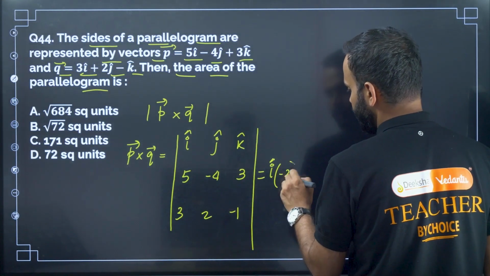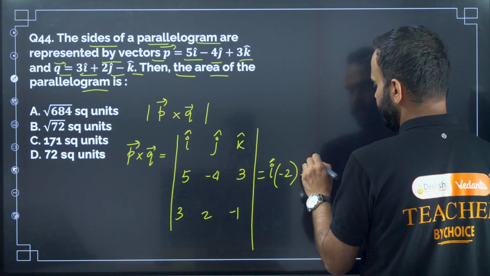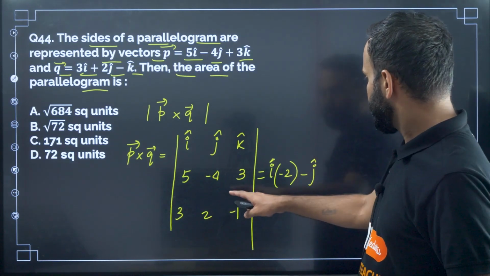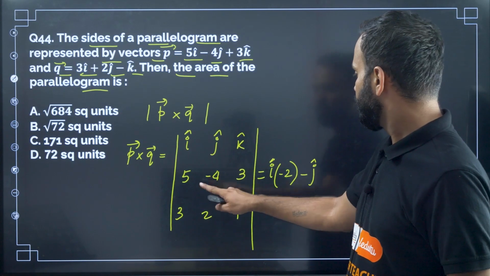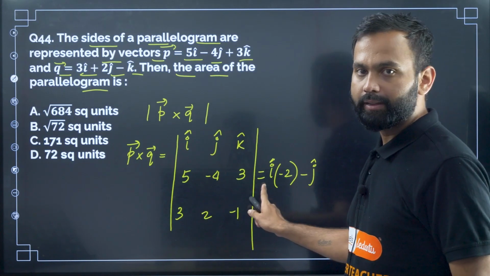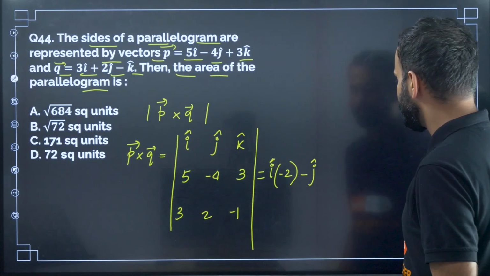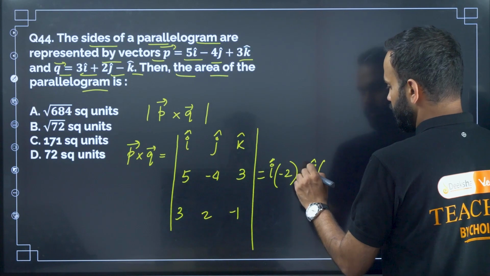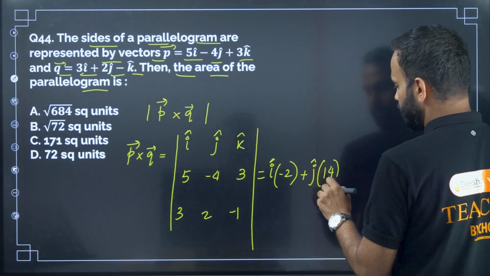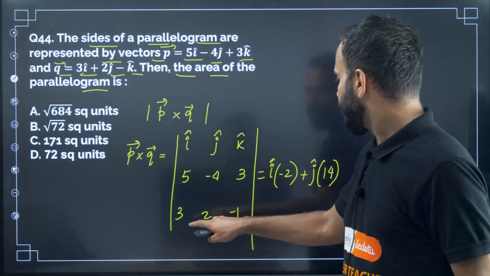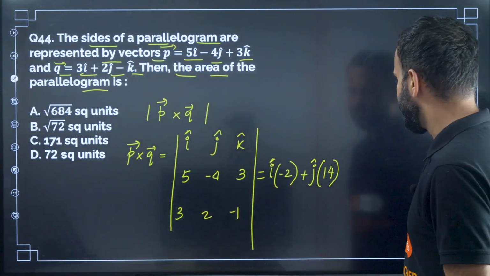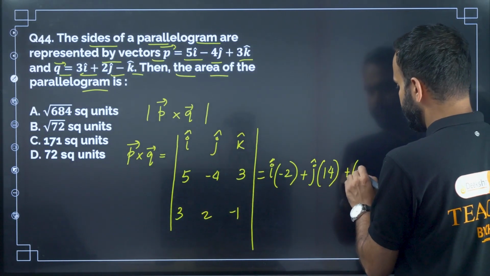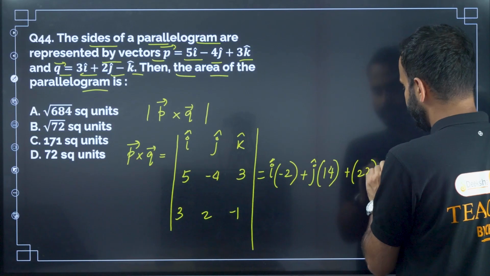So minus 2 i cap. So minus j cap, right? So here this will be 5 into minus 1 is minus 5, minus 5 minus 9 is minus 14. So plus 14, right? Okay. So then k cap, 10 plus 12, that is 22, 22 k cap.